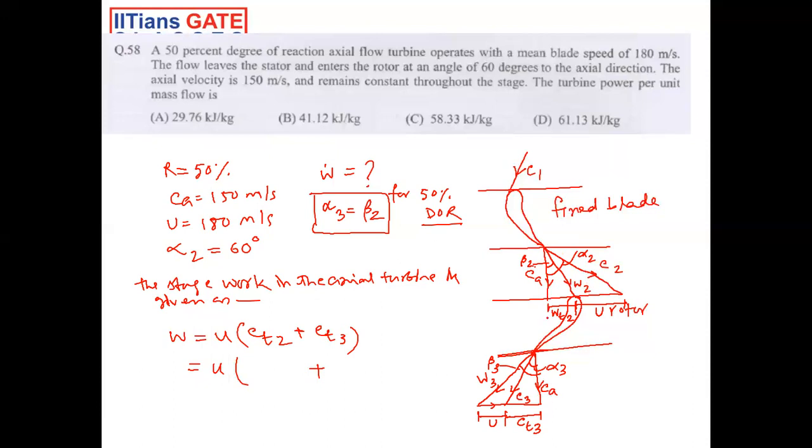So CT2 is nothing but CA tan alpha 2 from this triangle, and CT3 can be written as CA tan alpha 3.